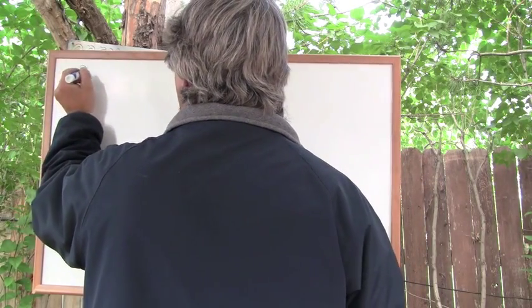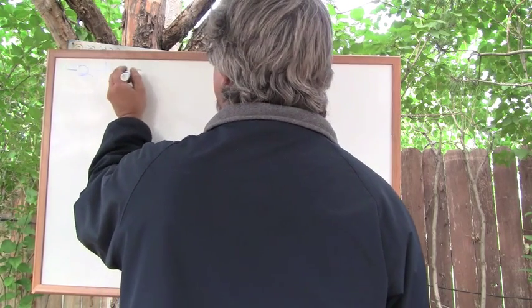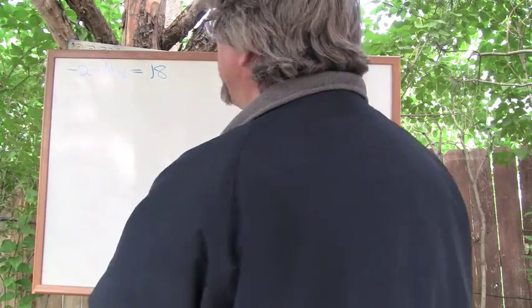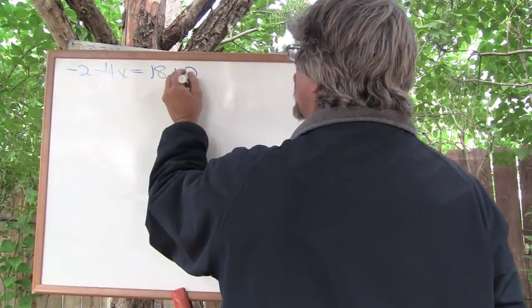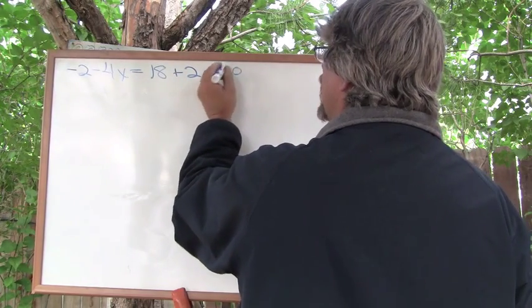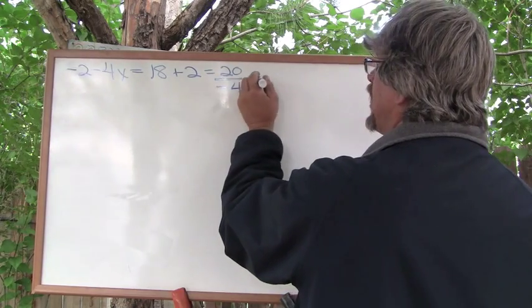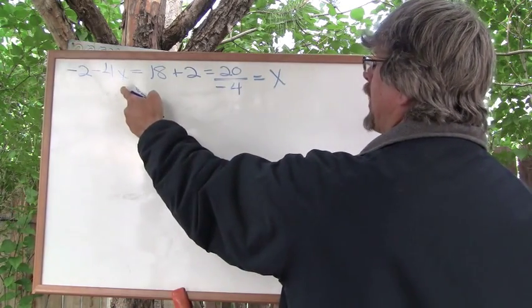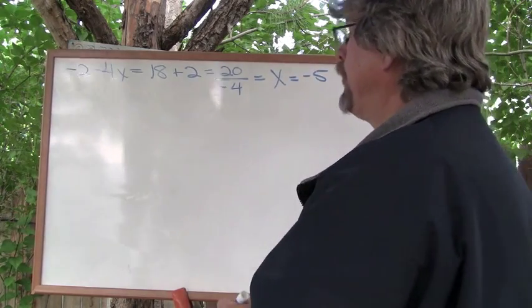Negative 2 minus 4x equals 18. We add 2, which equals 20, and then we divide by negative 4, which equals x. That isolates our x. X equals negative 5.